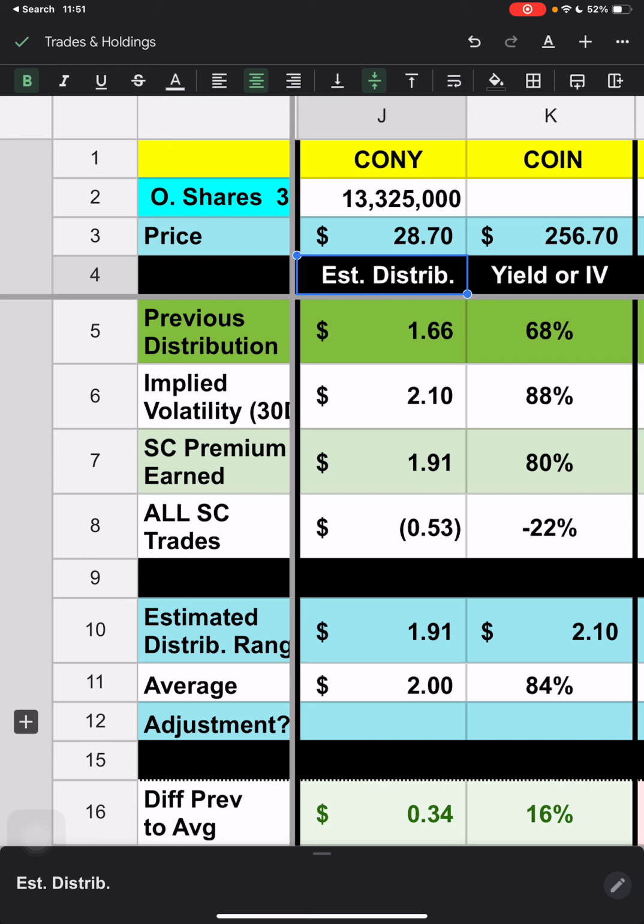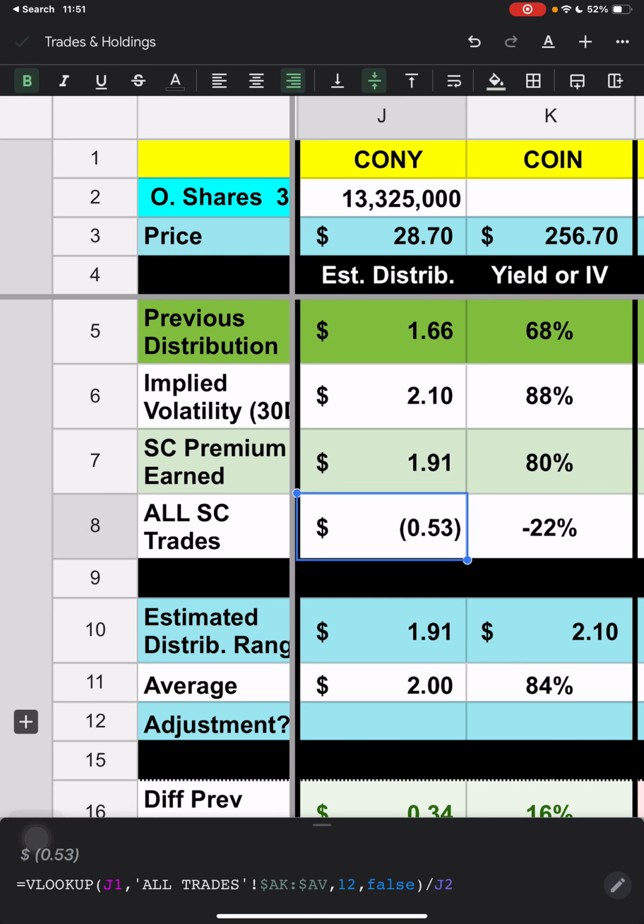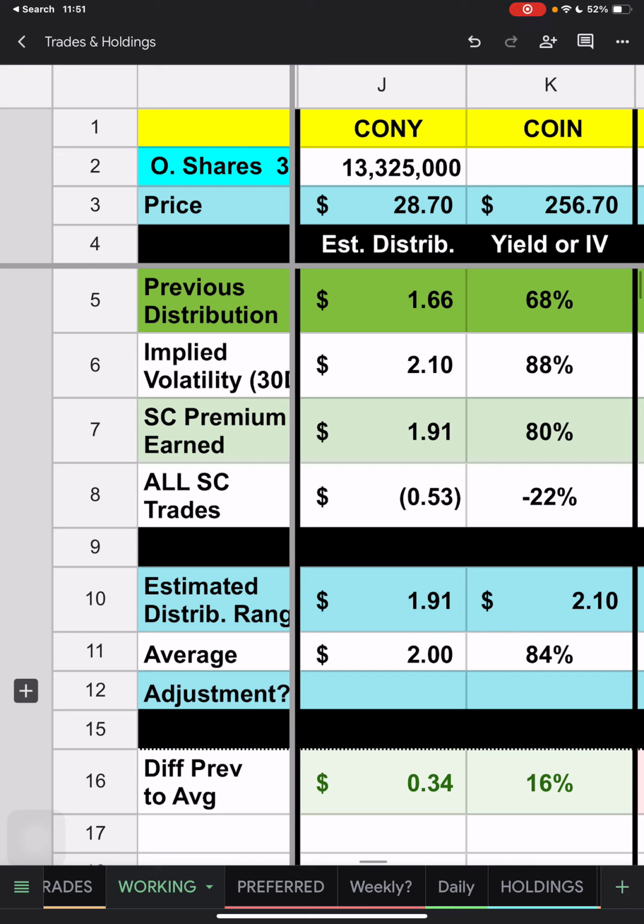So what I've done here, if you look at the estimated range down at the bottom, it doesn't say negative 53. It's looking for anything that's a positive number above 0, and that's doing the range. In this case, there are only 2 numbers left. So that's your range: your premium earned of $1.91 to the implied volatility of $2.10.